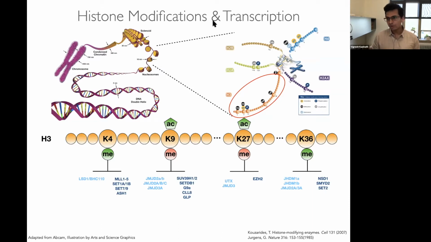Similarly, mono-, di-, or trimethylation of K4 and K36 also mark regions for active transcription. K4 trimethylation is particularly found in regions of gene promoters, whereas K36 is found in the gene bodies. However, K9 and K27 methylation mark them for facultative heterochromatin or heterochromatin boundaries.